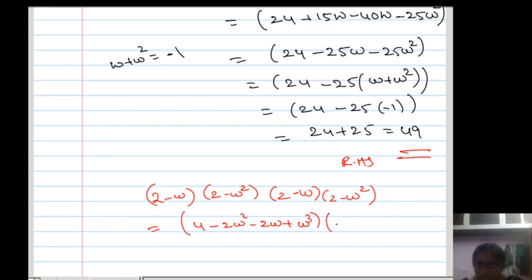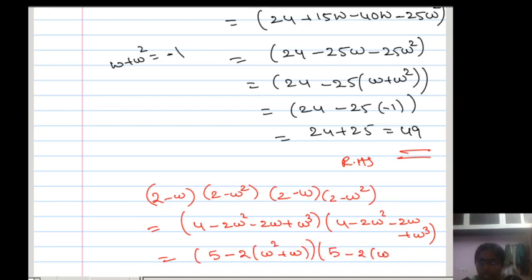Similarly multiply these two: 2 twos are 4, minus 2 omega square minus 2 omega, minus into minus omega cube. So now omega cube is 1, 4 plus 1 is 5. So minus 2 common, omega square plus omega.